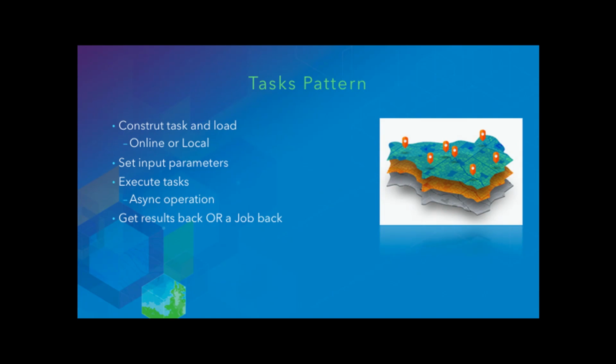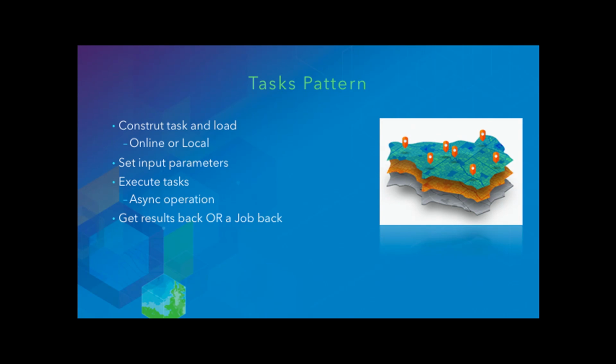So similar to the locator task we just saw for geocoding, there are other tasks in runtime that fit into the same pattern. So the general pattern would be you would construct the task and load it. It could either be from an online service or a local file. You would set a bunch of input parameters. You would execute the task, which is mostly an async operation, and you get the results back like we did with the locator task.